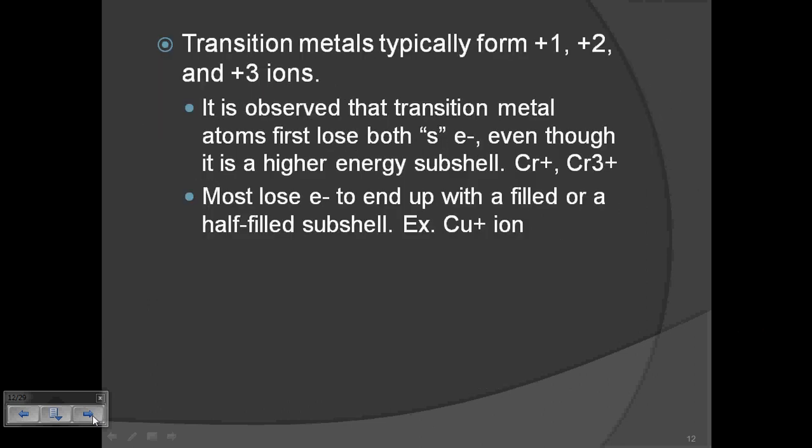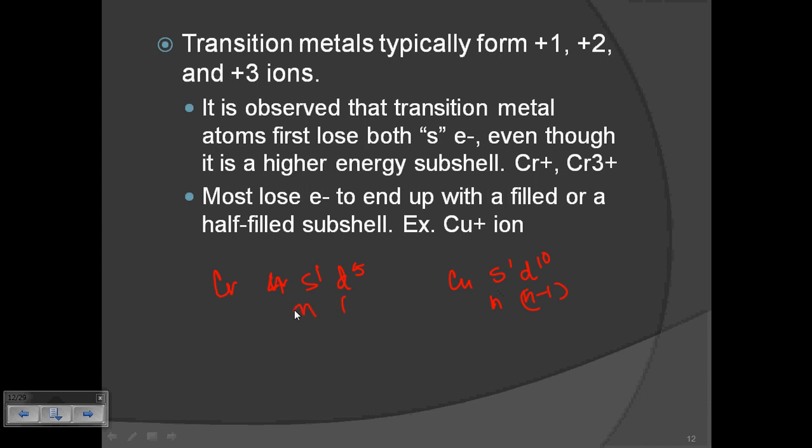Now transition metal atoms can form variable valency cations: +1, +2, +3. Let's take, for example, chromium. Chromium has 4s1 3d5 and copper has 4s1 3d10, that is, ns1 and (n-1)d.